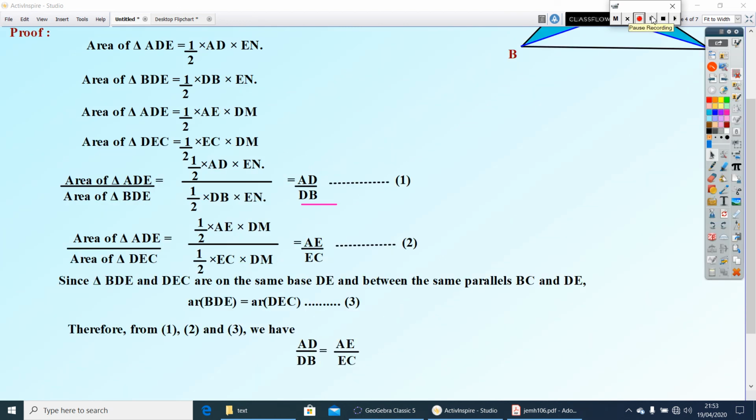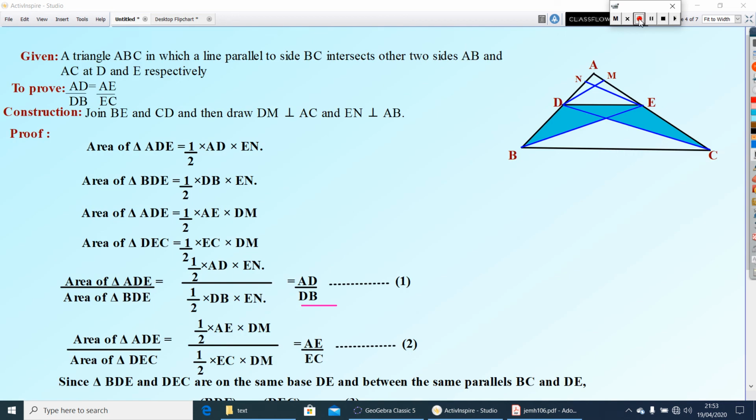Let us have a quick look at this proof. First, we took triangle ADE and found its area with the base AD, then took BDE and with the base BD found its area. Next, again we took ADE, and with the base AE we found the area.